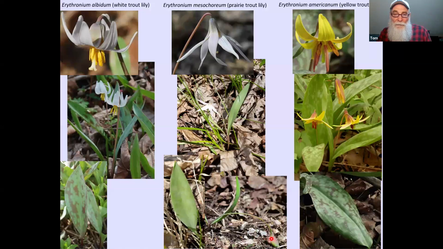And so the fruits that form from the flower, the peduncle will bend over, and the fruits will actually lie on the ground on the prairie trout lily. That's not the case in the white trout lily. Those are the main features that help to distinguish those two species. Of course, the yellow one obviously has yellow tepals and it has the blotched leaves just like the white trout lily does.